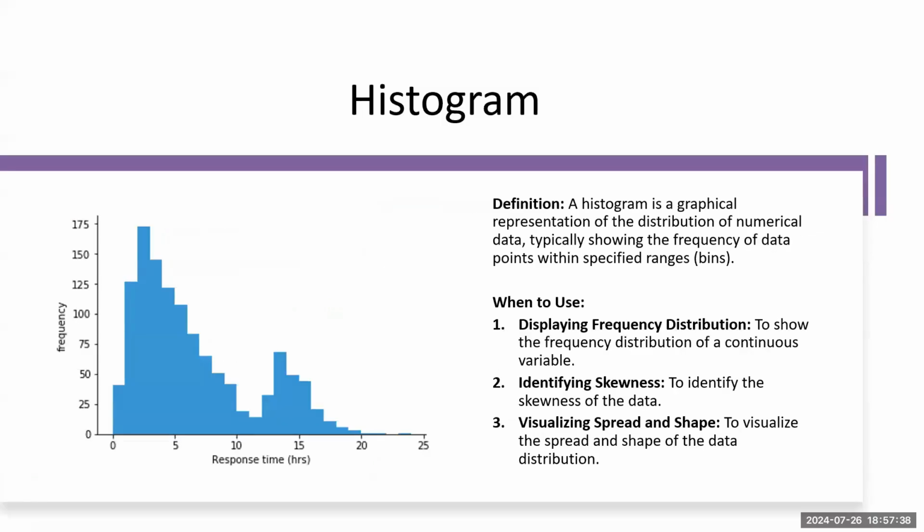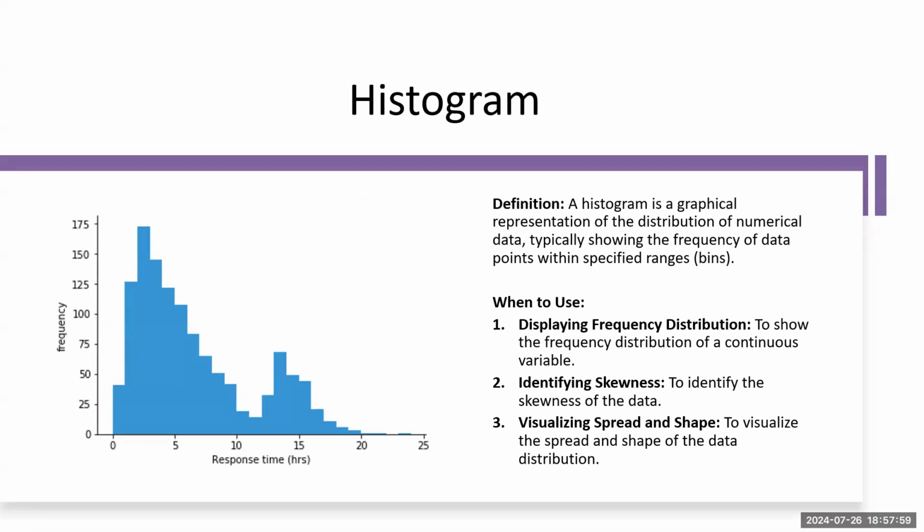to histogram. Okay, so a histogram is a graphical representation of the distribution of numerical data, typically showing the frequency of data points within specified ranges.